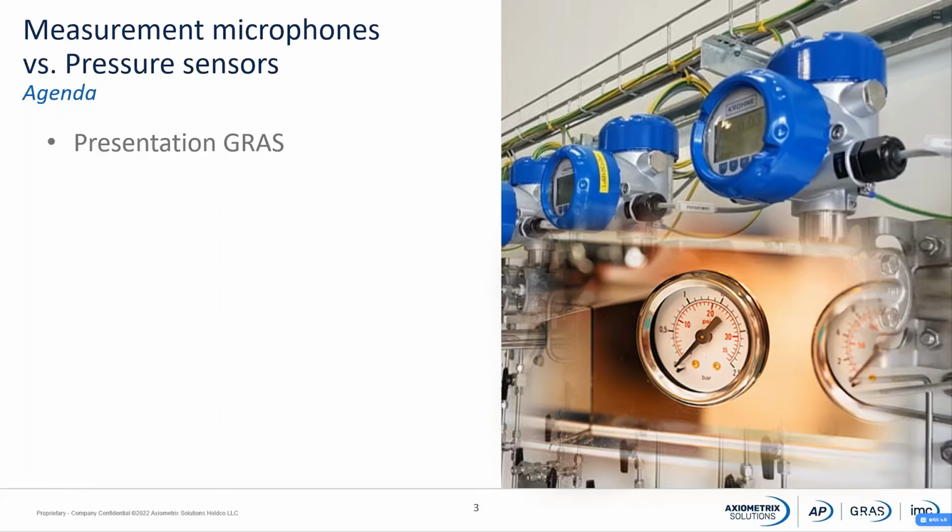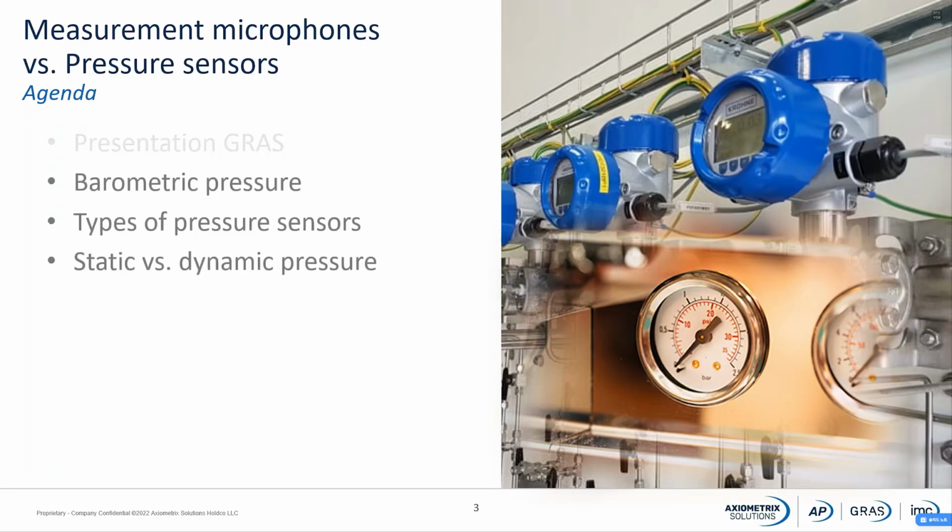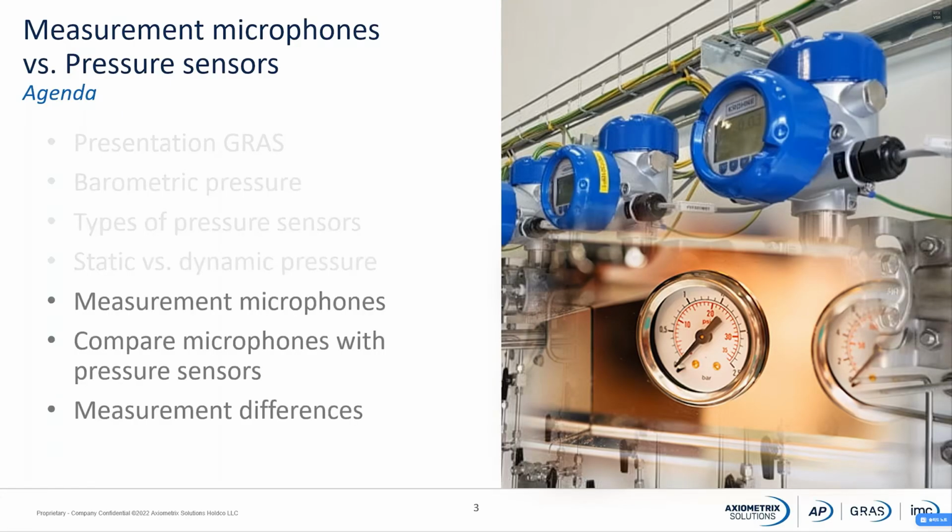So the agenda for today: we are starting with a presentation of GRAS, and this is only one slide, so that will not be very tiresome for you. Then we will talk about barometric pressure. We'll talk about types of pressure sensors. We will talk about static and dynamic pressure. Then we will go over to taking a review on measurement microphones, how they are actually fitting into this pressure sensor world.